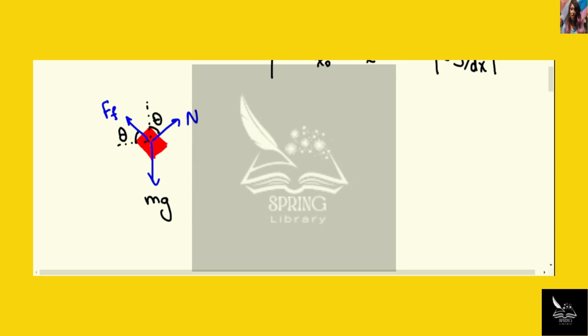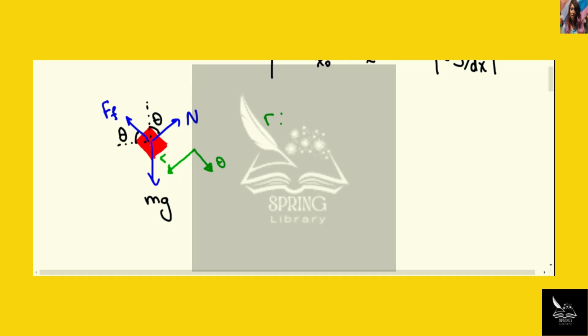Now I'm going to decompose these forces into two components: one that is centripetal, that points to the center of curvature, and another one that is tangential. I'm going to call these coordinates r and theta.